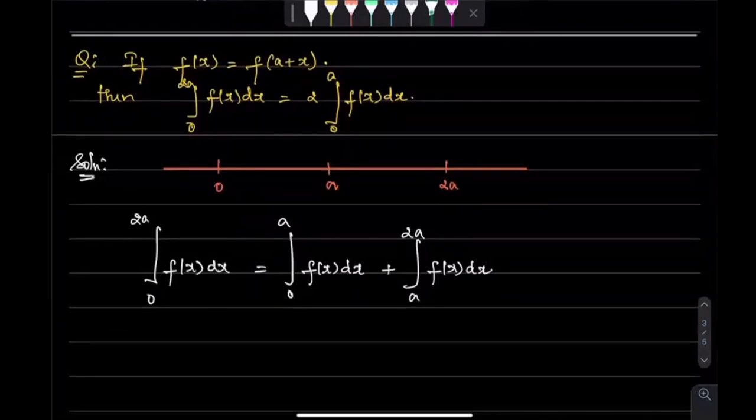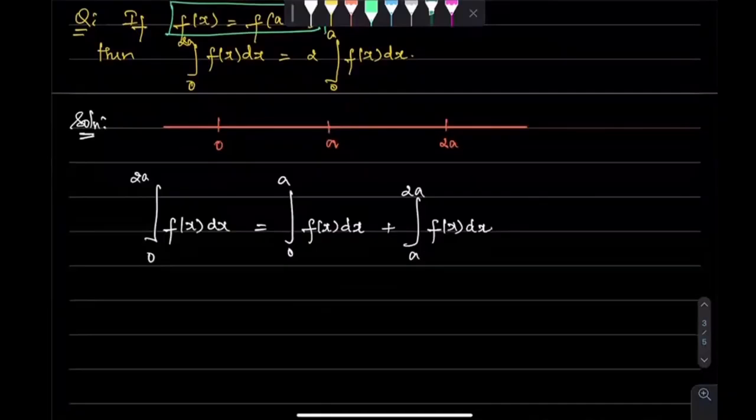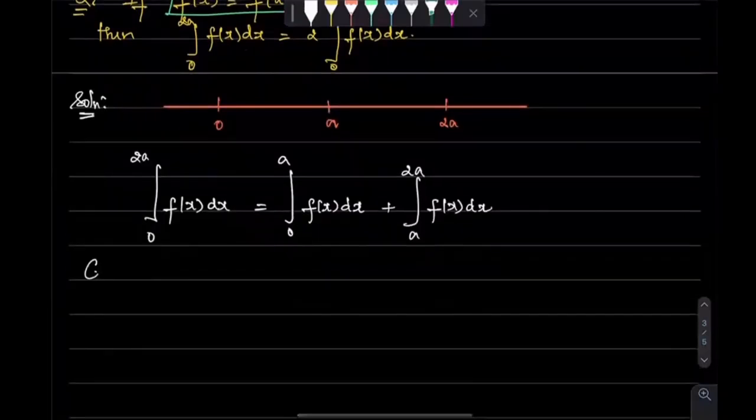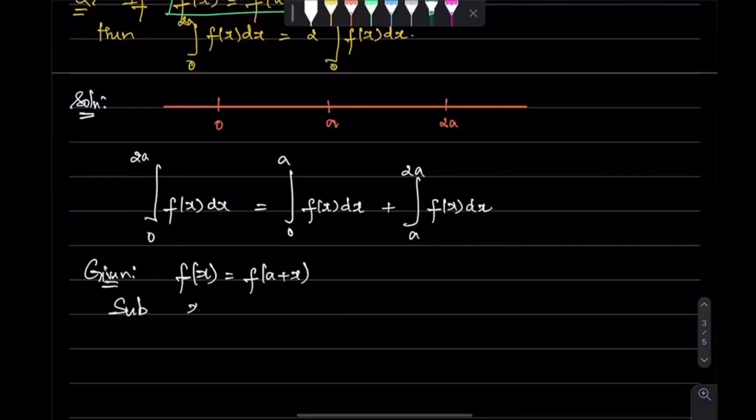They have given f of x is equal to f of a plus x, isn't it? So in that case, what happens if I use the substitution here? Given f of x is equal to f of a plus x, I'm going to substitute x is equal to a plus u in the second integral.